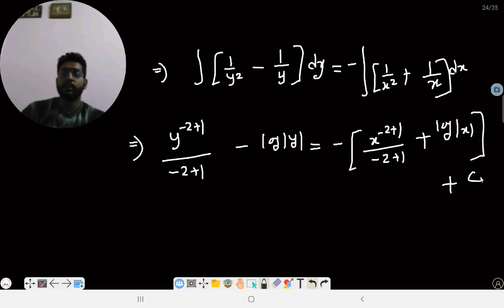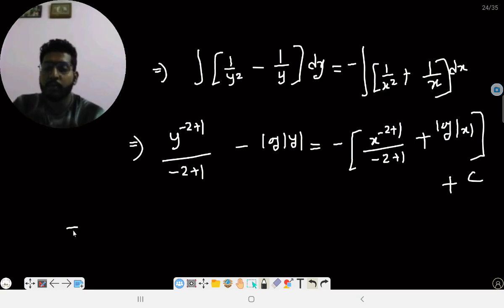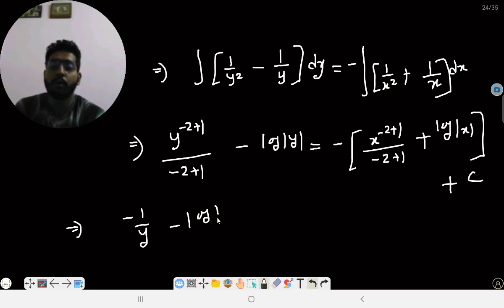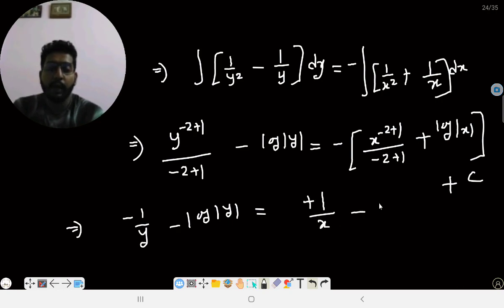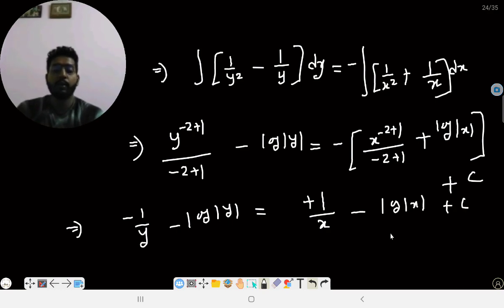One constant will be there. So the answer will be minus 1 by y minus log mod y equals minus 1 by x minus log mod x plus c.